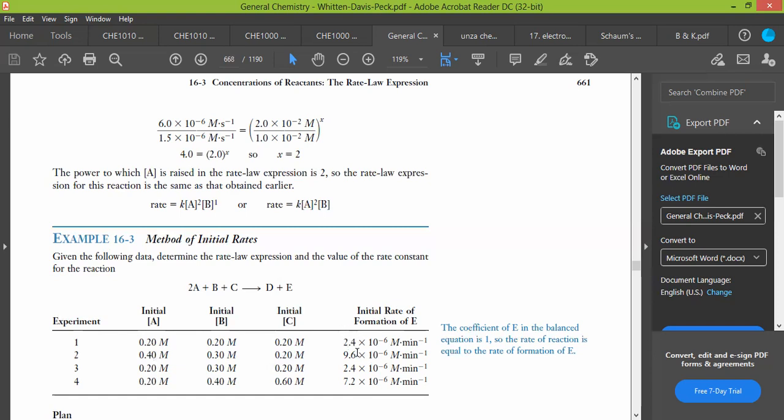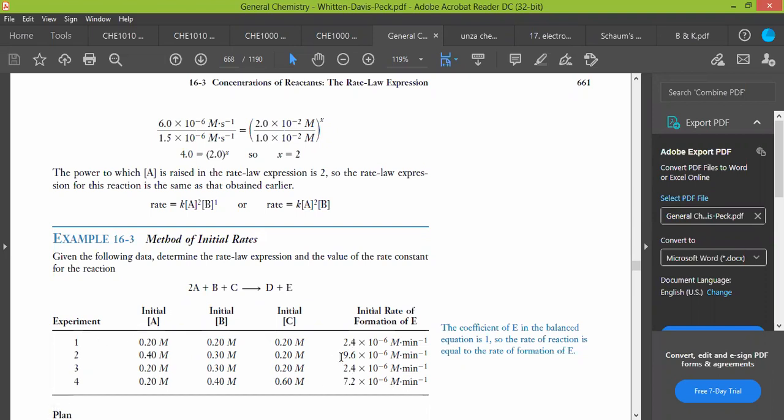So I will multiply this by 4. 4 by 4, 16, 6 carry 1. 4 by 2, 8 plus 1, 9. So this has increased by a factor of 4. So you have doubled here, but this has increased by a factor of 4. This behavior is only possible if the reaction is second order, because in second order, the reaction rate is directly proportional to the square of the concentration.